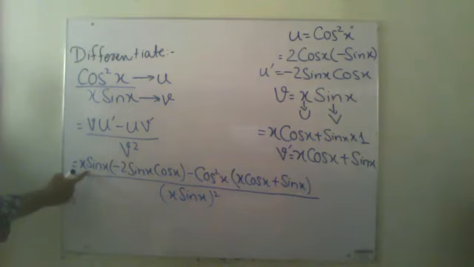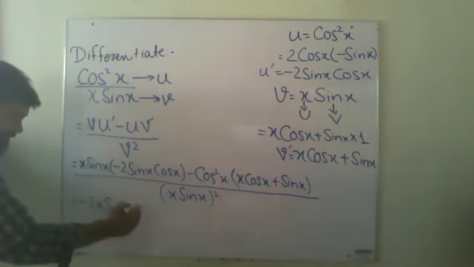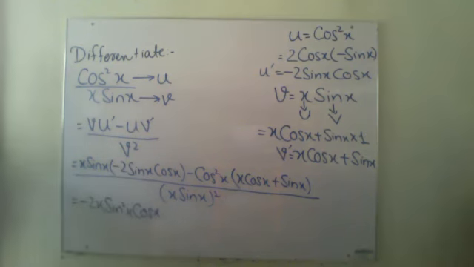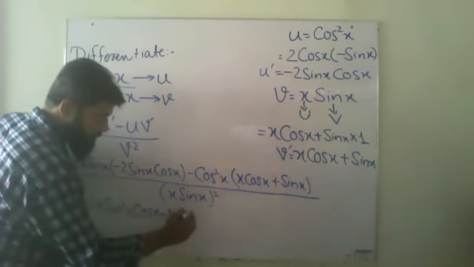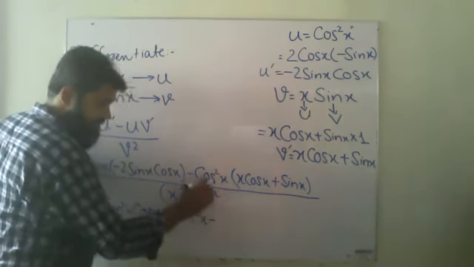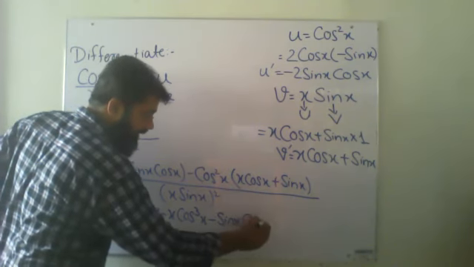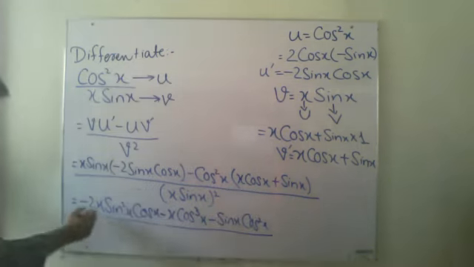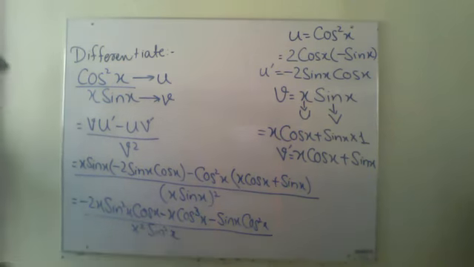So minus 2x sin²x cos x, with the cos written as it is, minus x cos³x, this multiplied by this, minus sin x cos²x, over x² sin²x.